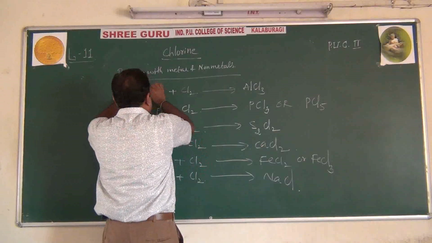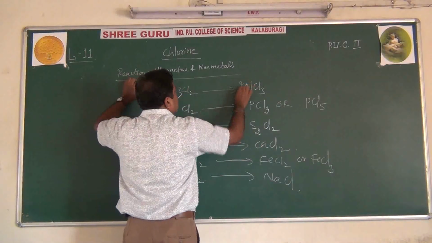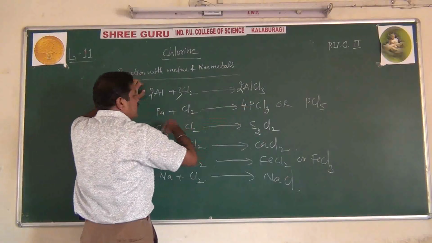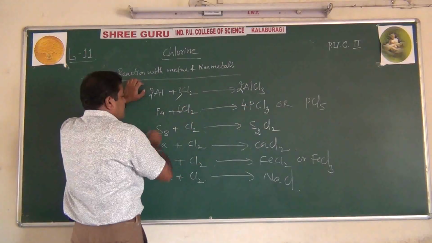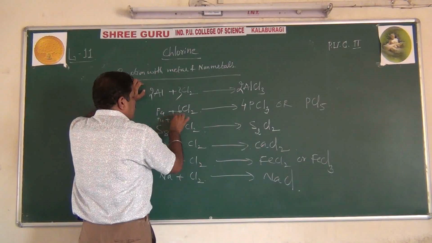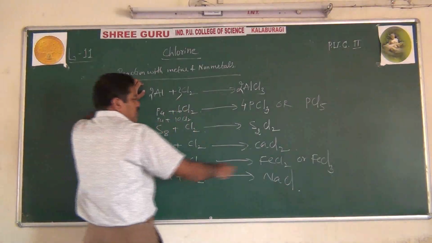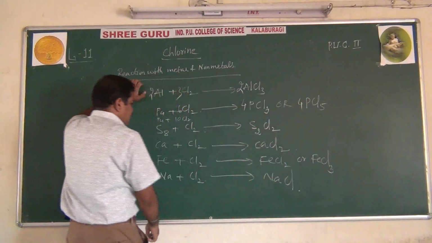Okay, the balanced equation: 2Al plus 3Cl2 gives 2AlCl3. P4 plus 6Cl2 gives 4PCl3, right? Or P4 plus 10Cl2 gives 4PCl5. Got it?